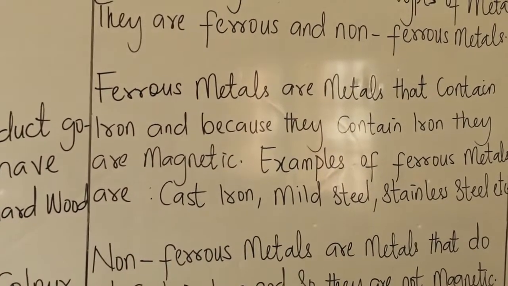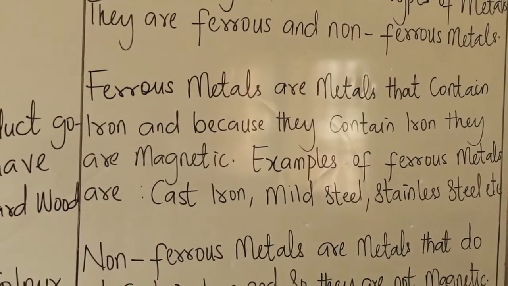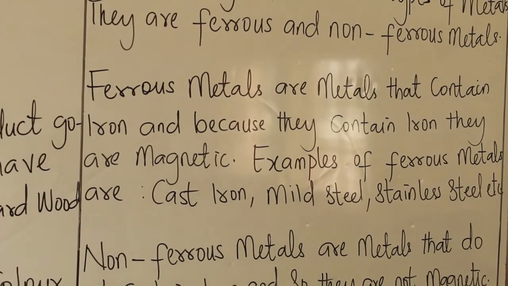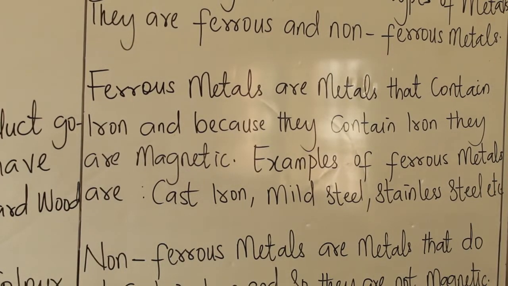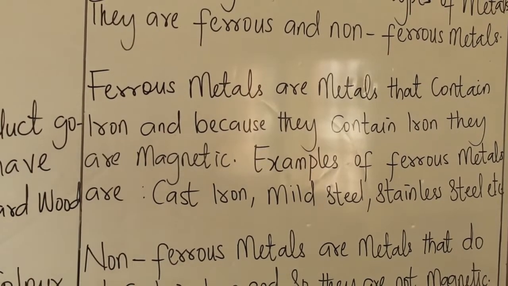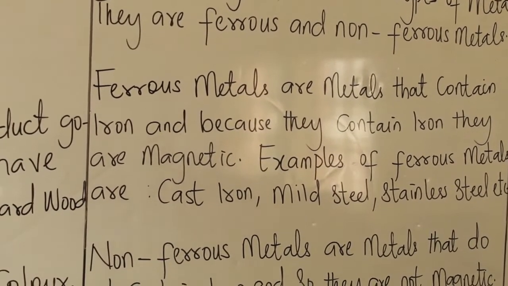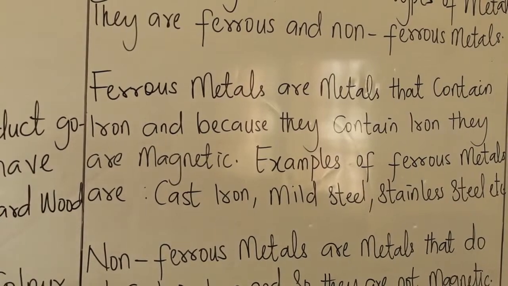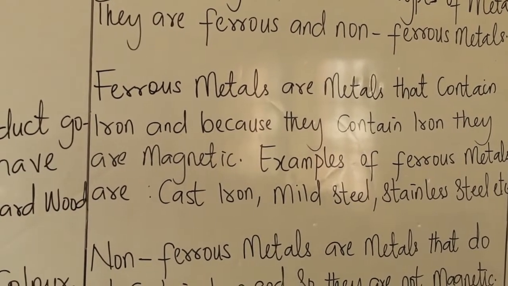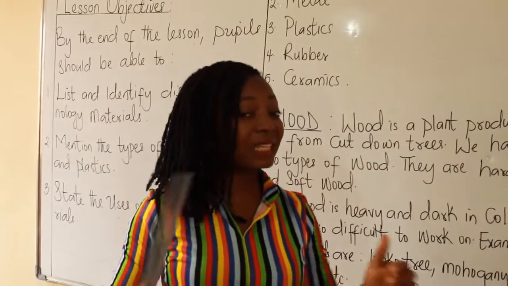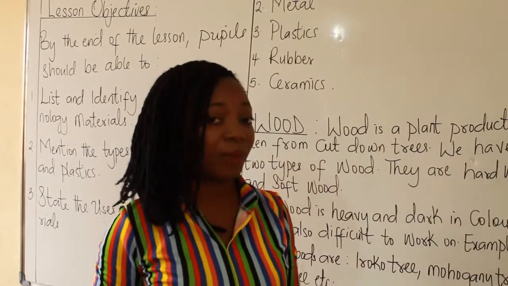Ferrous metals are metals that contain iron. And because they contain iron, they are magnetic. Magnetic is a property of a material that makes it able to attract a magnet. When a material can attract a magnet, we say that material is magnetic.